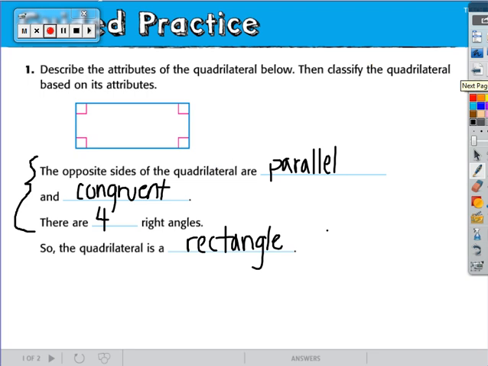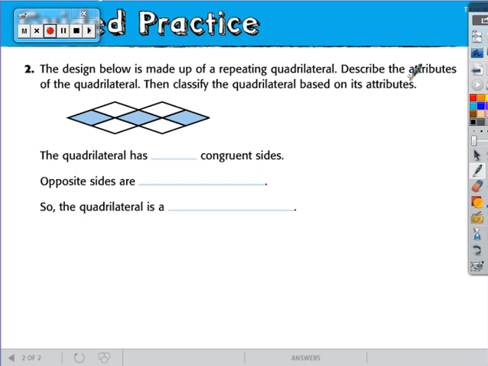All right, we have one more example to do together. Okay, now, this tripped up a lot of people in our last class. The reason why it tripped up a lot of people is because they didn't read the directions very well. Our directions say the design below is made up of a repeating quadrilateral.